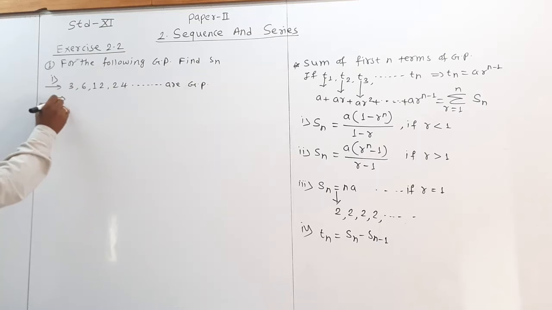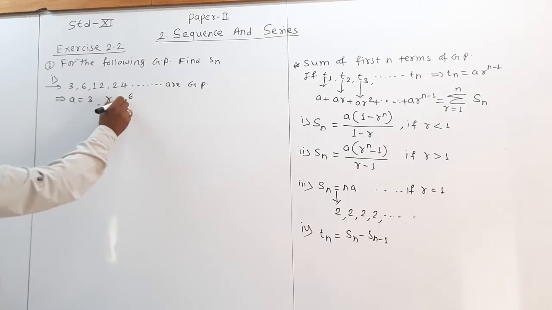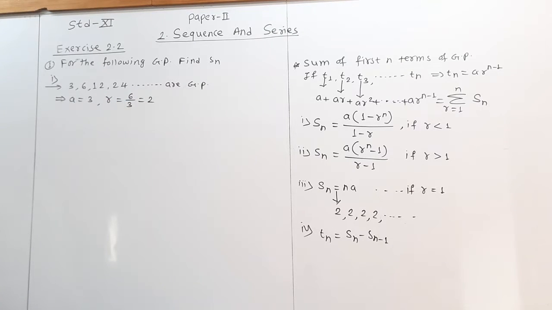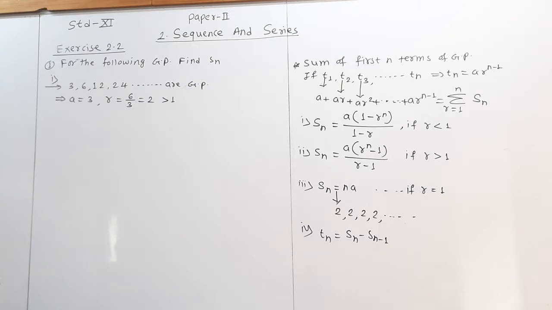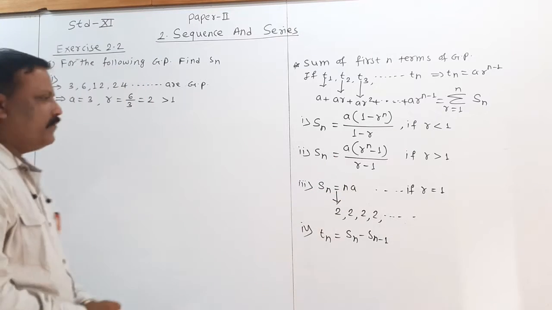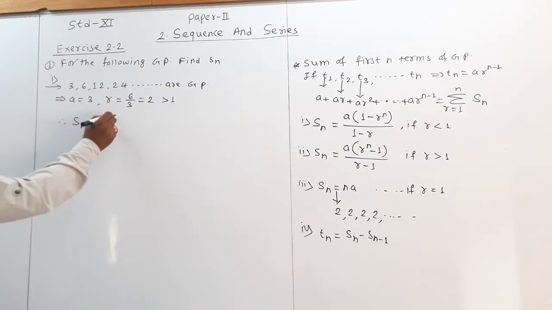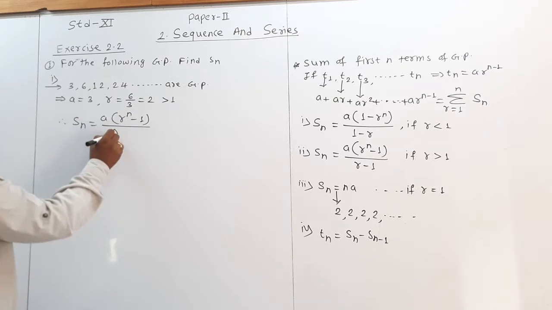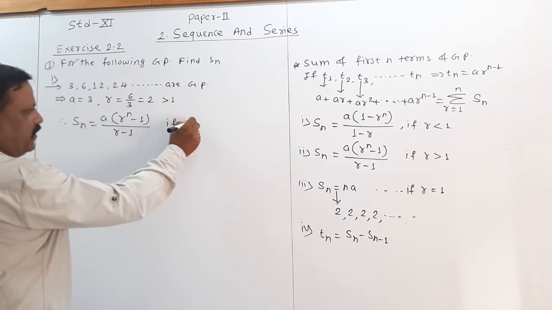So this implies that A is the first term, 3, and R equal to the next number divided by the previous, that will be 2. This 2 is greater than 1. At that time we apply the formula Sn equal to A into the bracket r raised to n minus 1 upon r minus 1, if r is greater than 1.